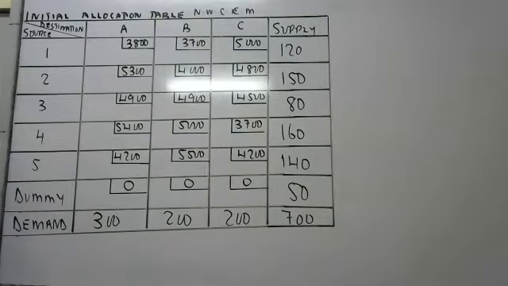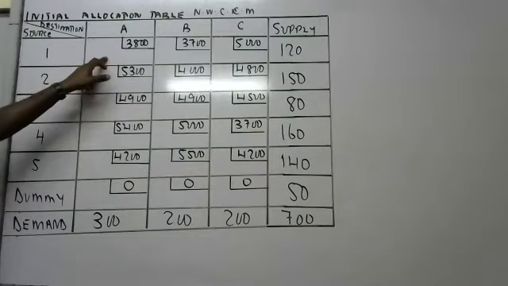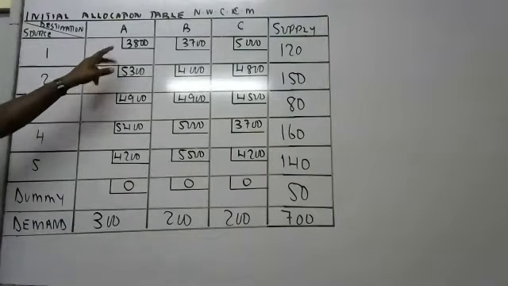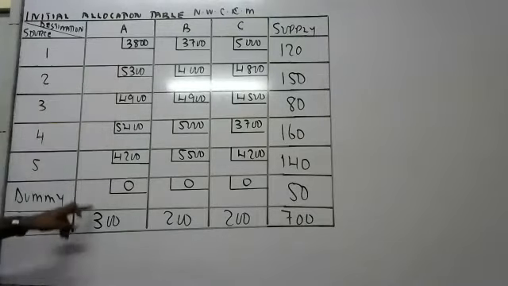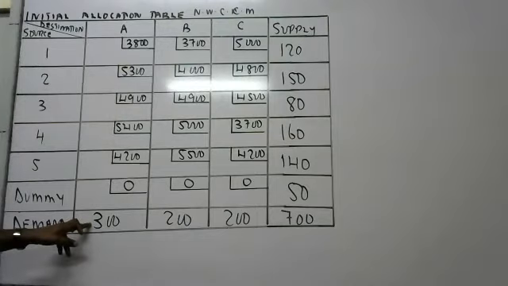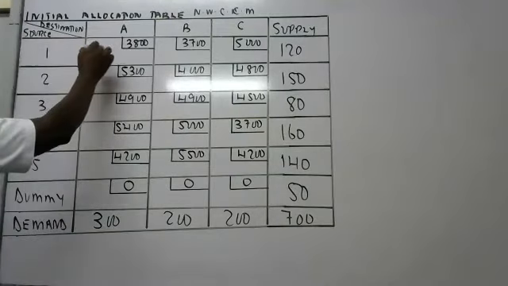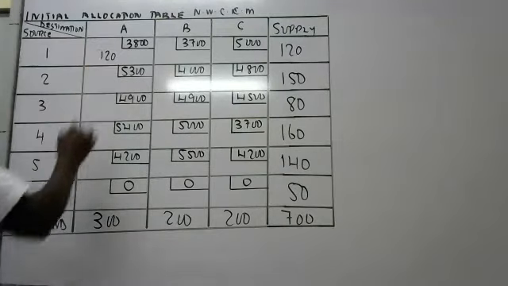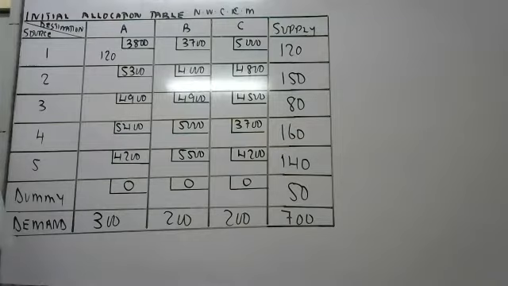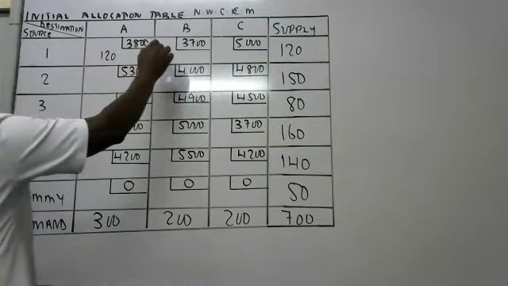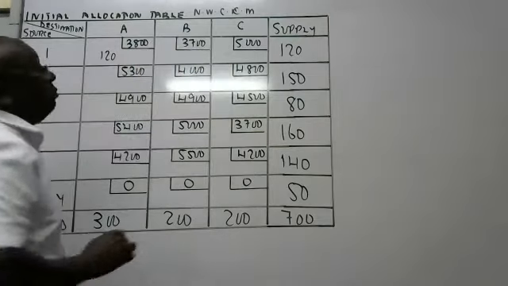And I told you in the northwest corner, you start from here. When you come here, the available supply is 120, and the required is 300. The smaller is 120, so we record 120. So put 120 there. And the implication of that is that these cells now are full, rather they are blocked.